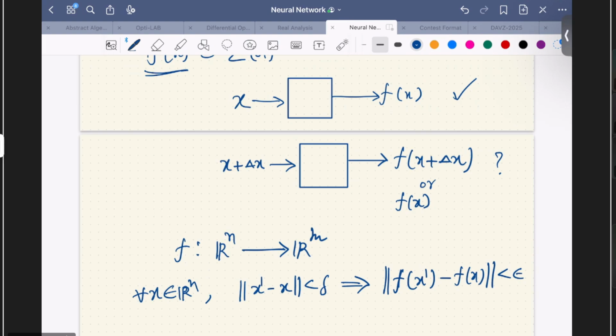That means for a given epsilon greater than 0, there exists delta greater than 0, such that all these things happen.